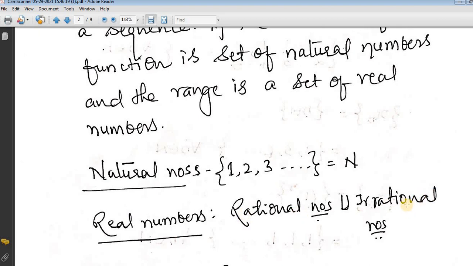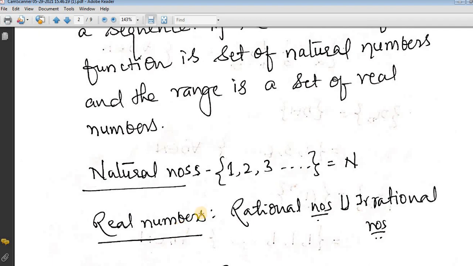What is a rational number? Any number which is written in the form p by q, where q is not equal to 0, is called a rational number. If it is in the form of a square root or a cube root, those values are called irrational numbers. Both values together in a set form the set of real numbers.